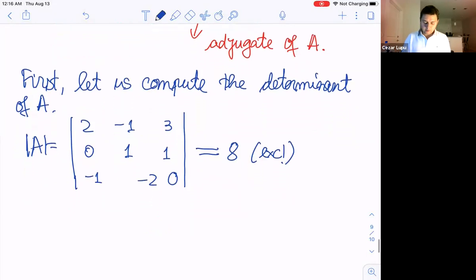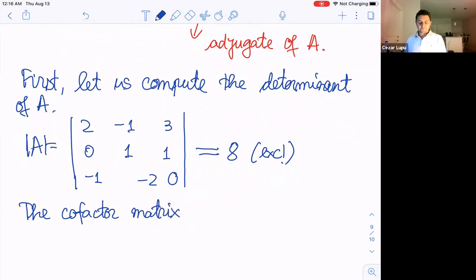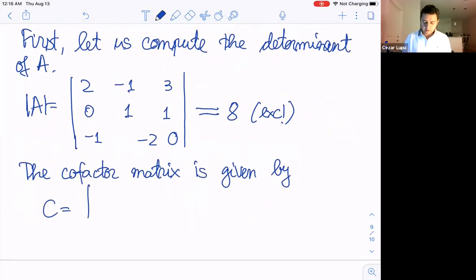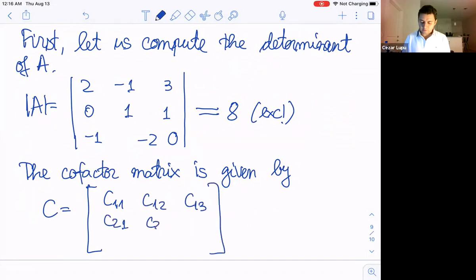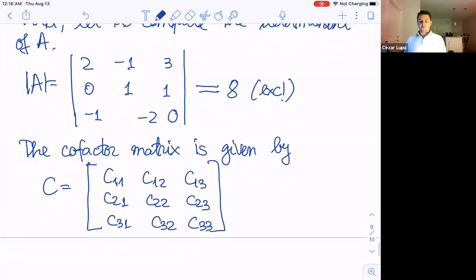Keep in mind that a cofactor matrix is given by, let's call this C, the algebraic complements C11, C12, C13, C21, C22, C23, C31, C32, C33. Okay, so that was the cofactor matrix.